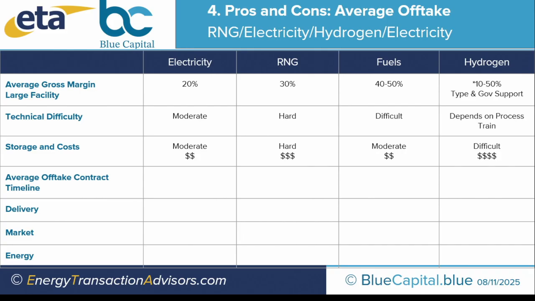Any thoughts on what would be the shortest or longest? For which one? California, hydrogen, available, about 12 years.